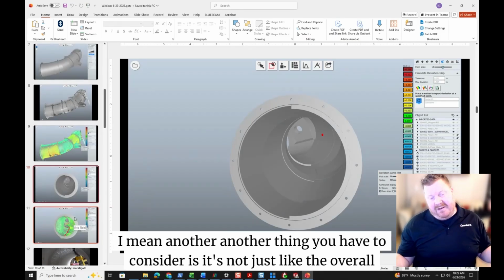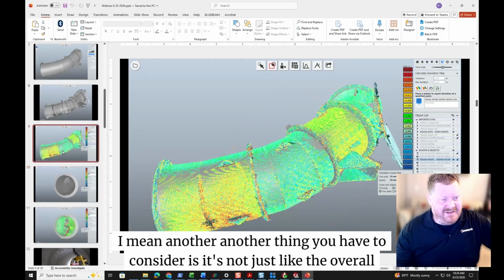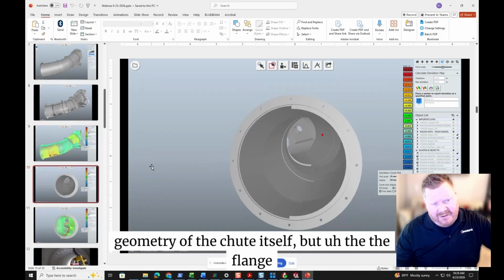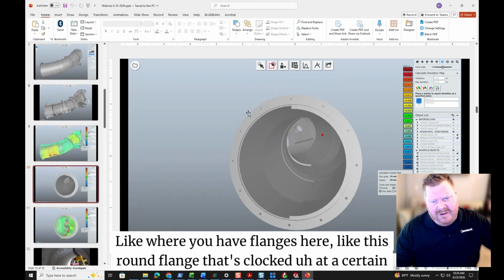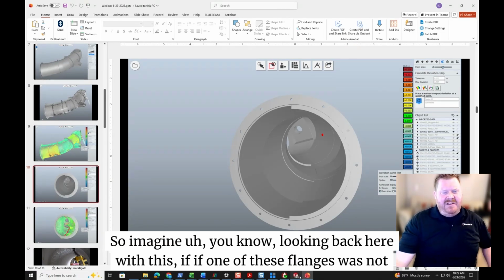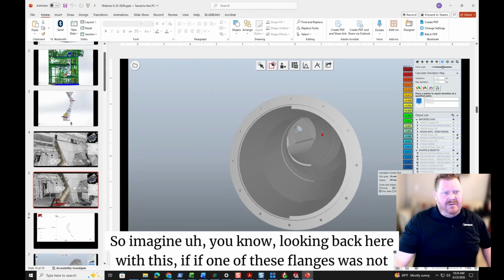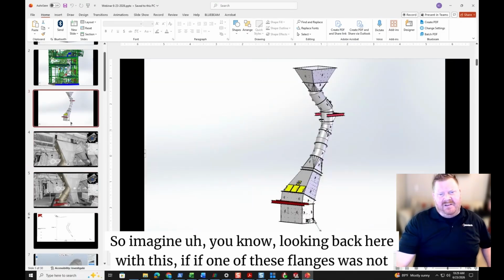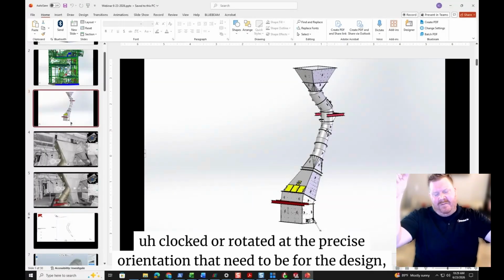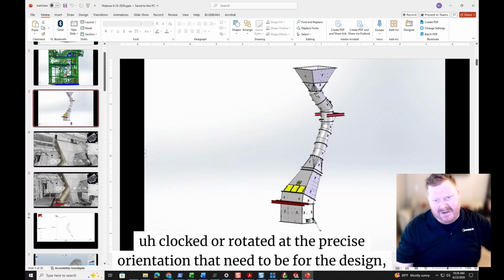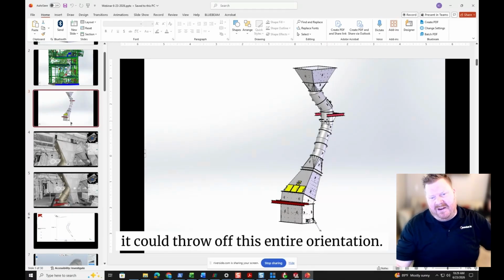Another thing you have to consider is it's not just the overall geometry of the chute itself, but the flanges, like this round flange that's clocked a certain way. Imagine if one of these flanges was not clocked or rotated at the precise orientation that it needed to be per the design, it could throw off this entire orientation.